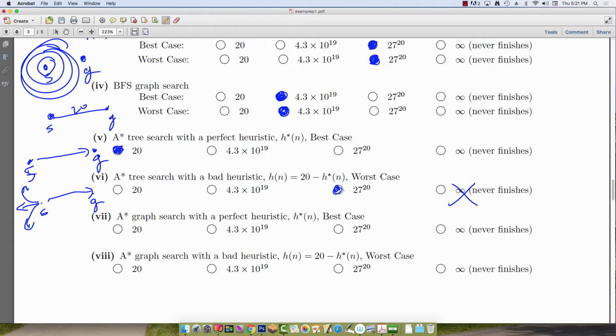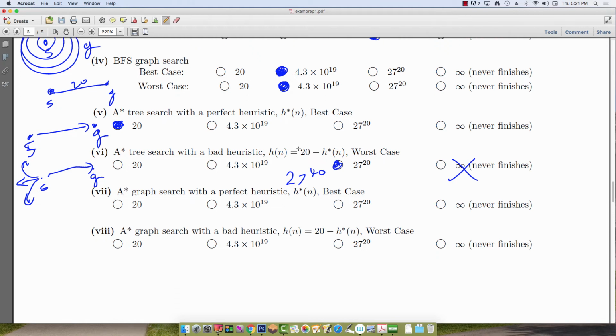And actually, more precisely, it should be something closer to 27 to the 40, because it might have to search a circle of size 40 instead of 20, since we're basically getting a minus 20 in our heuristic. So we're going to have to search a circle around our start of size 40. I think there's a good explanation of this on Piazza by Henry. So if you're still confused about this, definitely look that up.